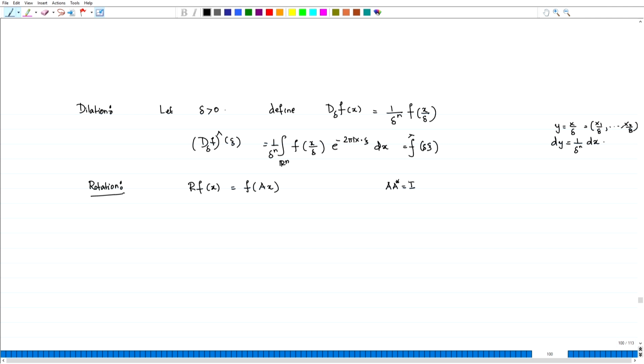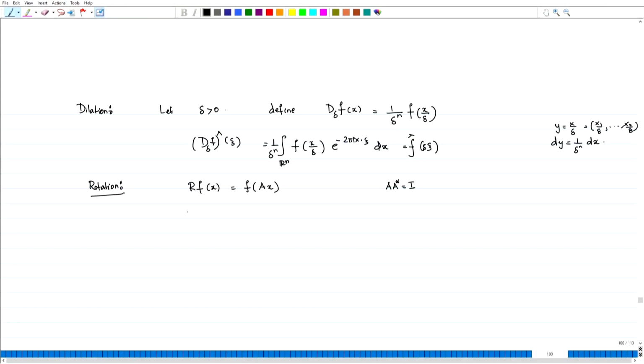If I have a vector in Rn and I apply an orthogonal matrix, then it is going to rotate it to another vector. Now we ask, what is going to happen with Rf hat at xi.